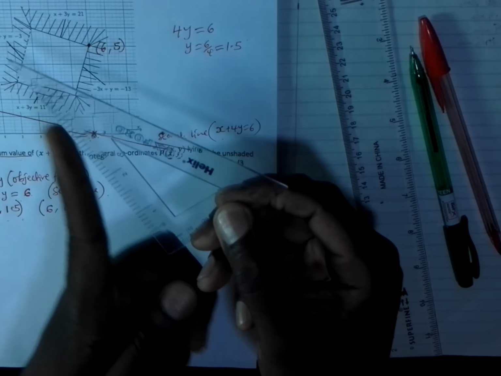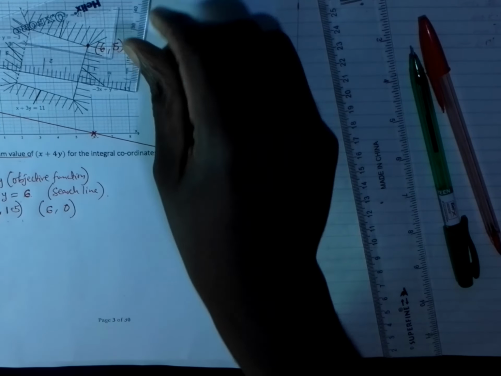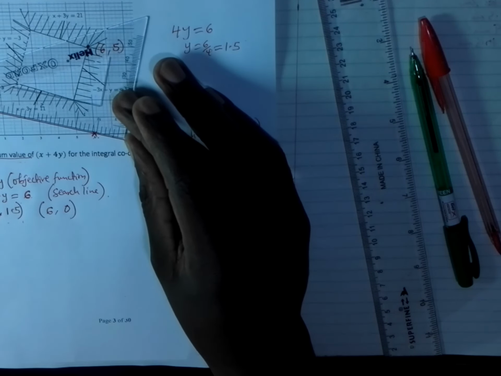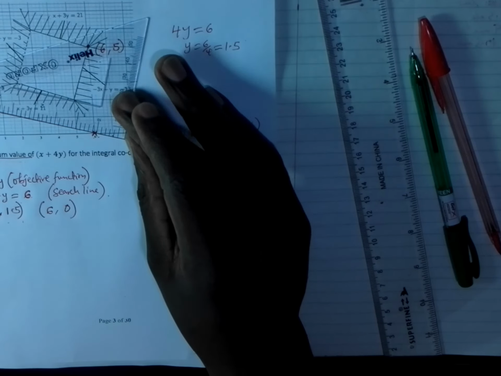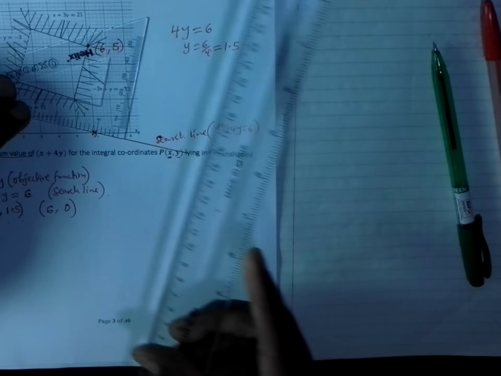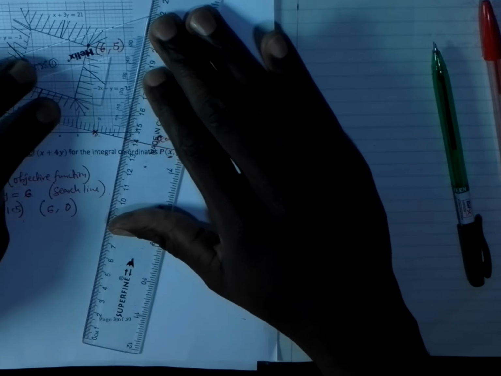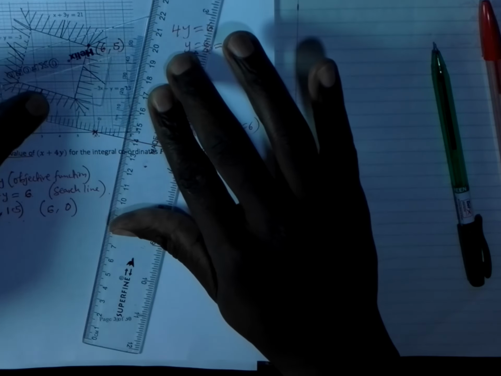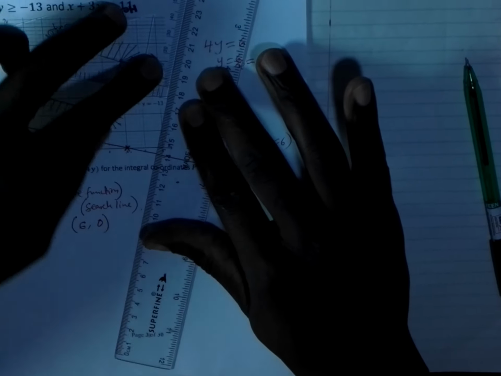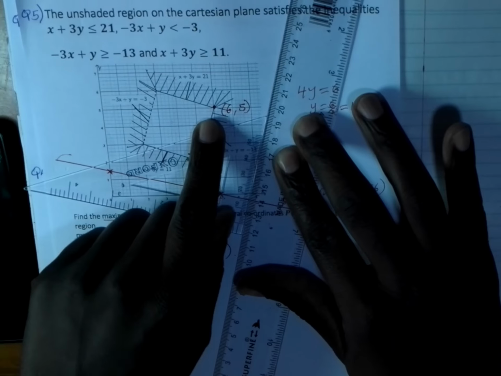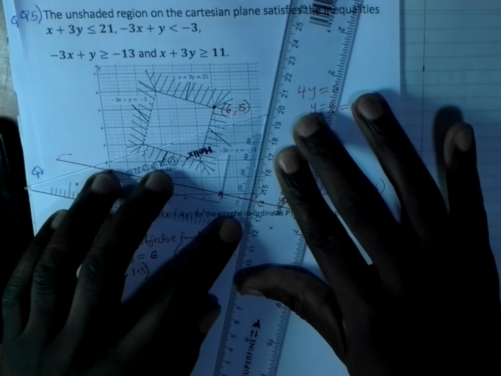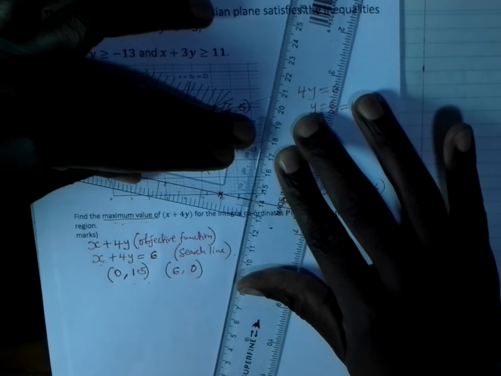Place the set square with its edge on the search line, then take the ruler and place it on the other side, and slide the set square along it until it reaches the plausible point we had chosen here, so that we draw a parallel line to the search line.